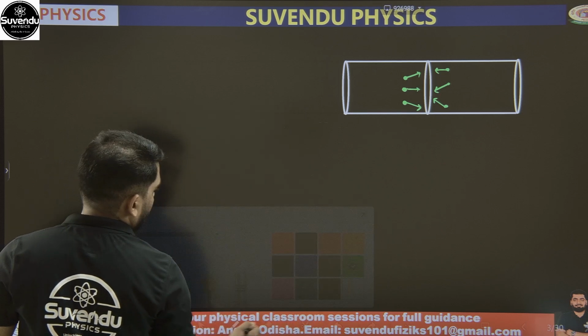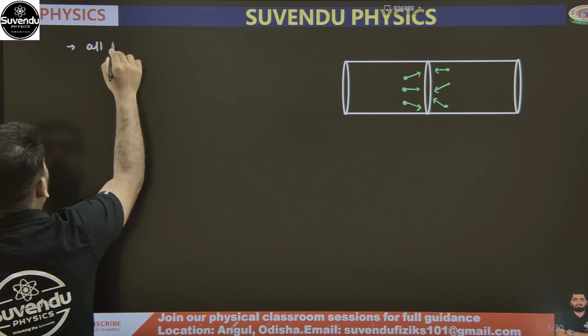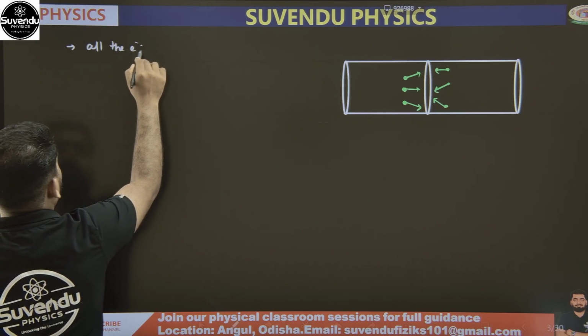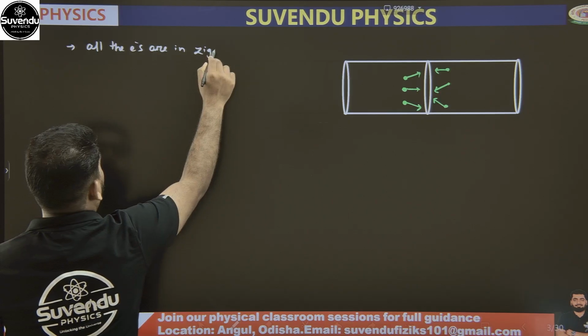So first point, all the electrons are in zigzag motion.